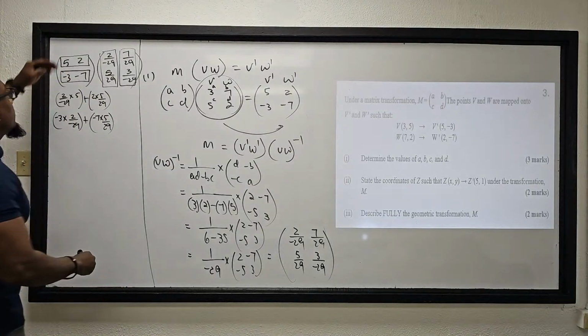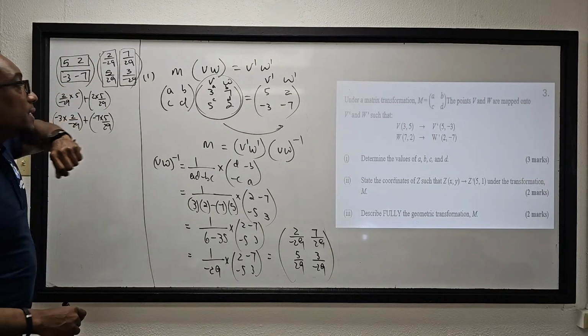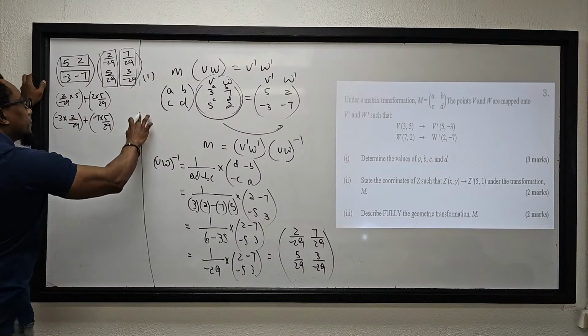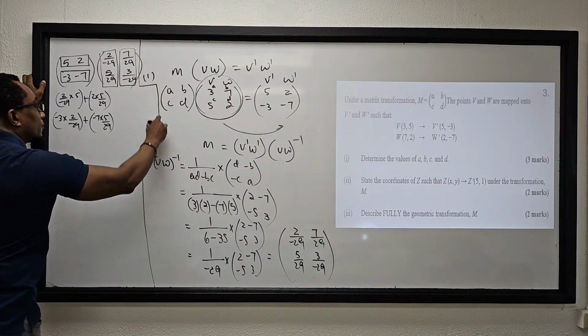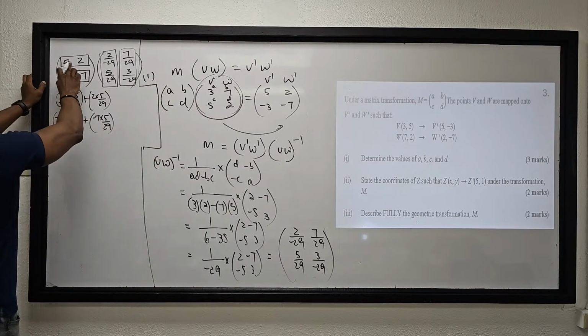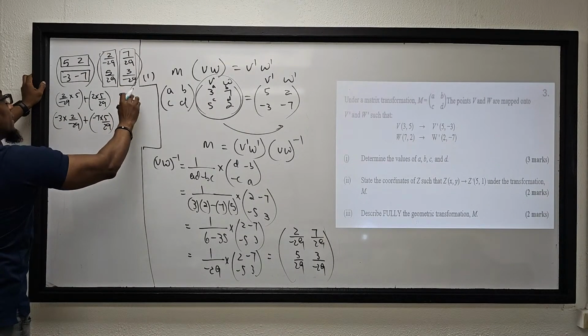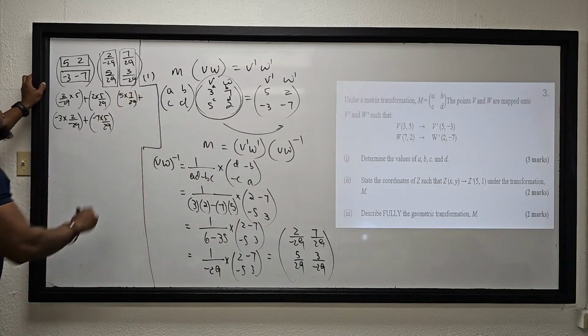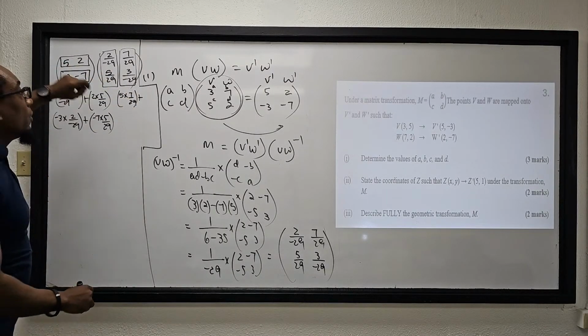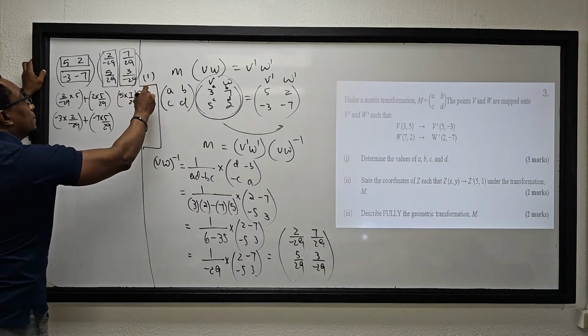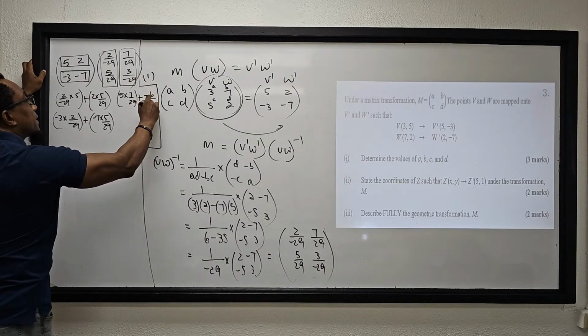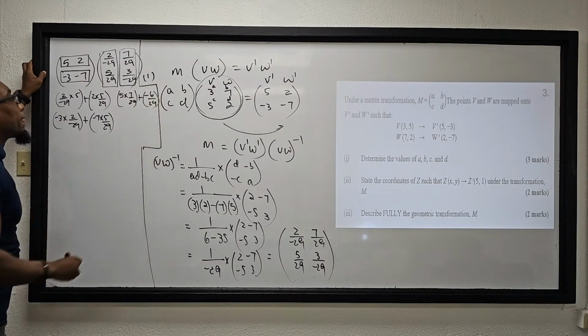Now let's take my first two rows with my second column. This will be 5 by 7 all over 29, plus 2 by 3 all over negative 29, which is negative 6 all over 29.